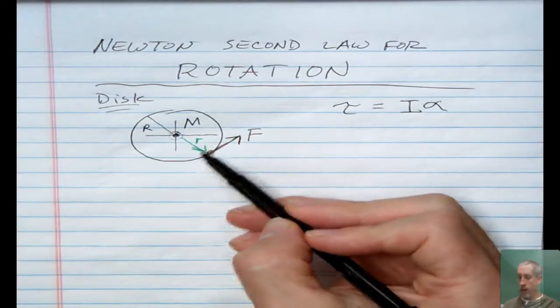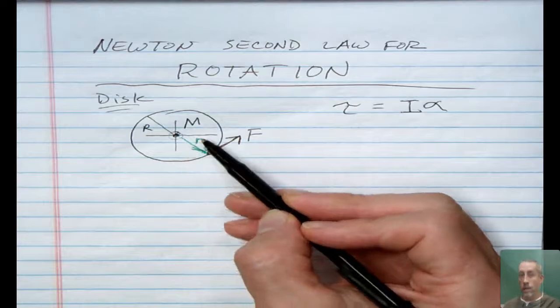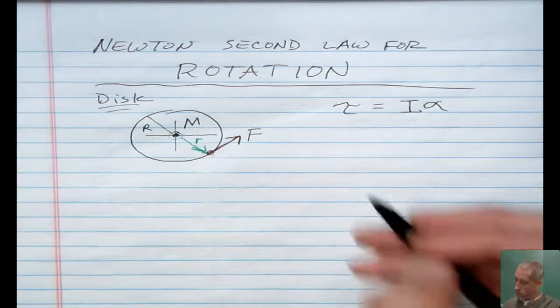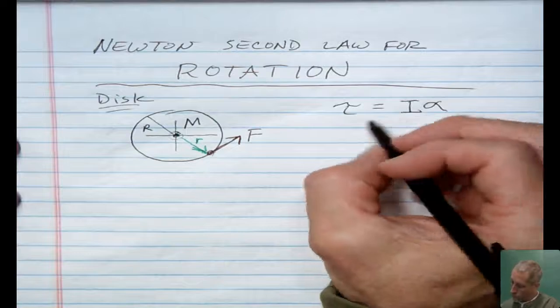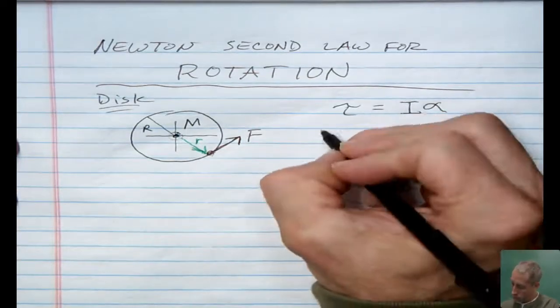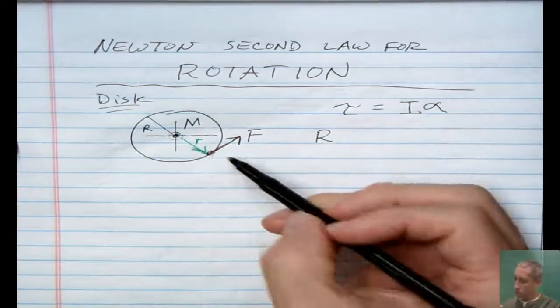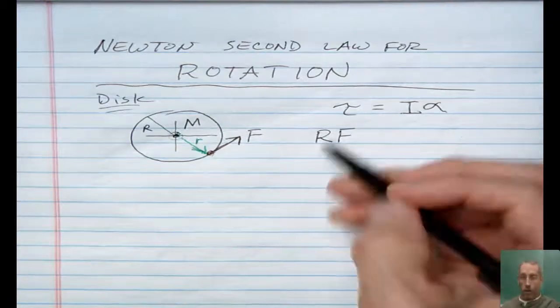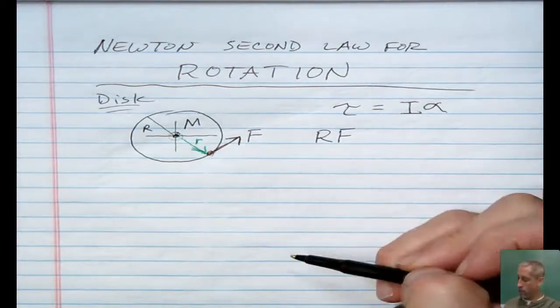Notice that they meet at 90 degrees, which means we don't need the sine of the angle because the sine of 90 is already 1. So in this case, we just need the length of the little r vector, which is the actual radius of the merry-go-round, times however hard that force is, and then again times the sine of 90, which is just 1.